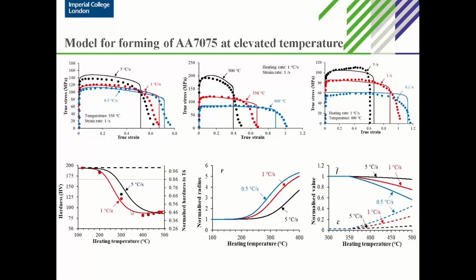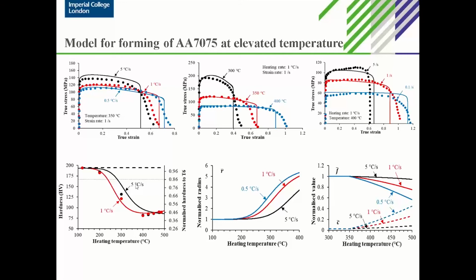The second row shows the hardness with respect to the heating temperature at different heating rates. The second is the precipitate radius with respect to the heating temperature. And the third one is the normalized value, the volume fraction, and the solute concentration with respect to heating temperature. If we take a detailed look at the hardness, for example, what the industry could accept is 80% of the T6 material.